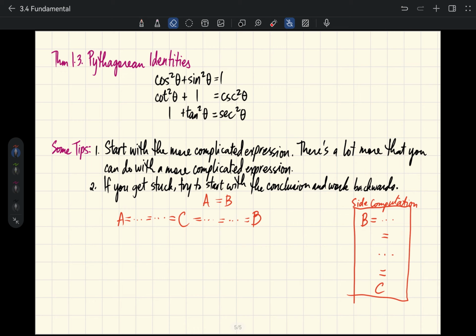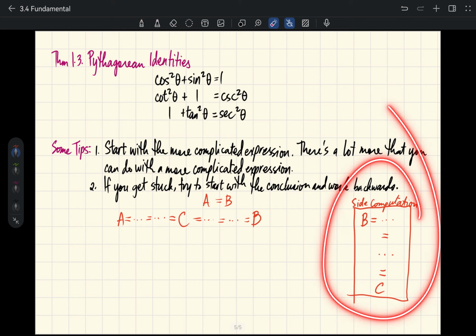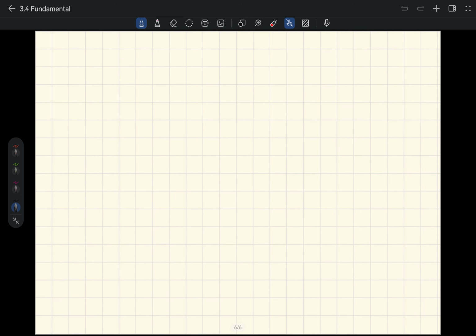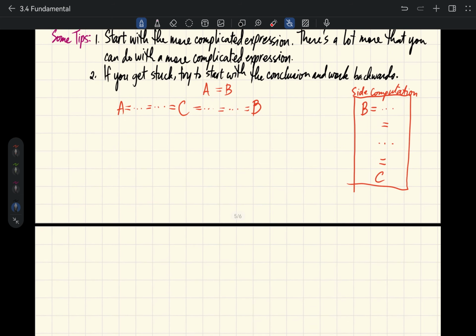It's not formally a part of your proof, but this is essential, especially if you got stuck in a certain expression. So try to work backwards. And this one is a good dirty trick, some of the dirty tricks that I have learned. So some dirty tricks.